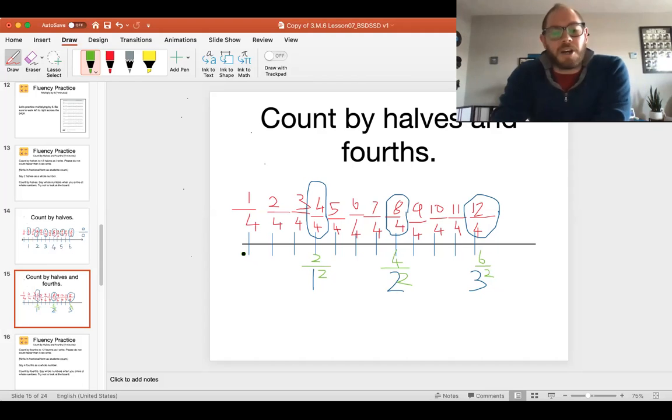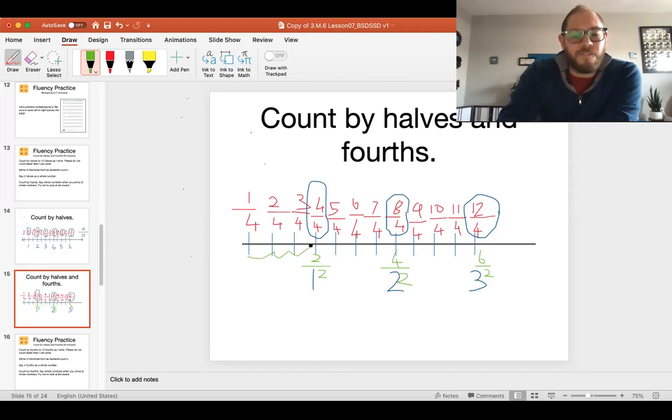All right, now we need to find the middle lines. So we know we've got the middle line. There are 1, 2, 3, 4 little lines in each whole. So 4 divided by 2 is 2. So every 2 lines, we're going to write a half. So 1 half, 2 halves, 3 halves, 4 halves.